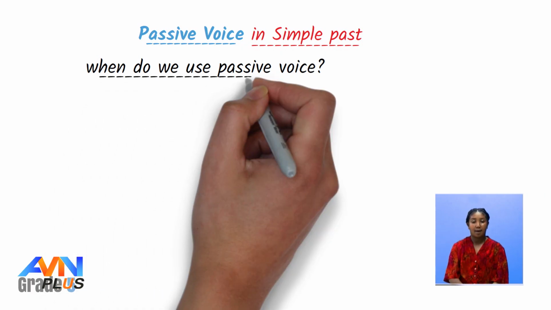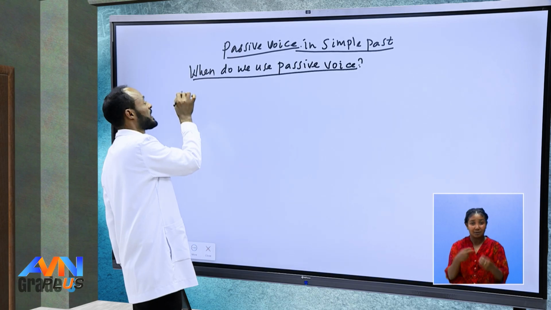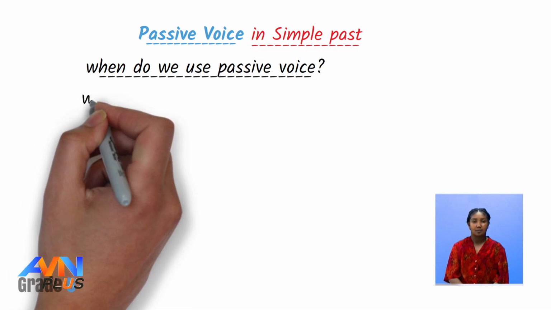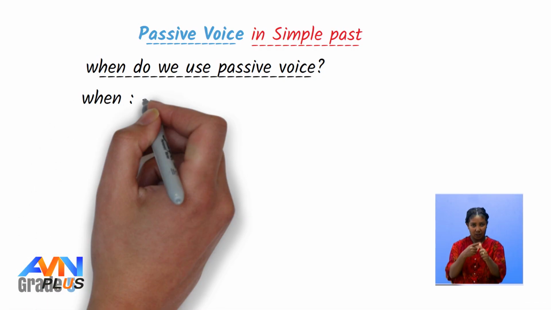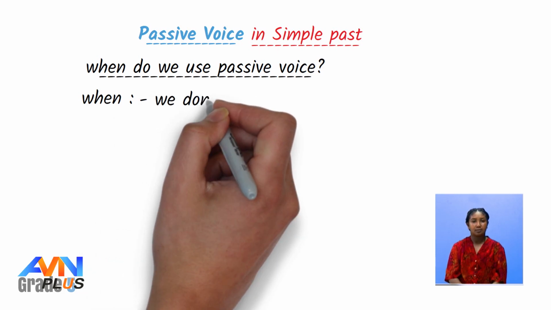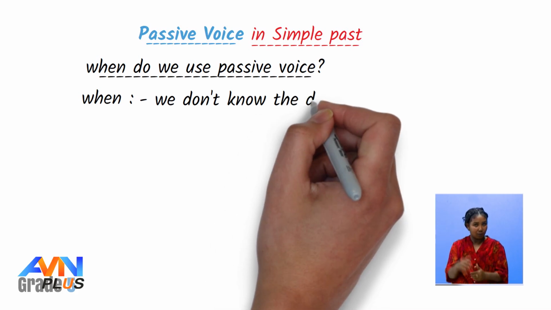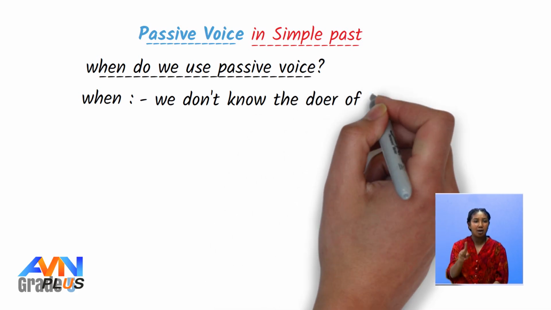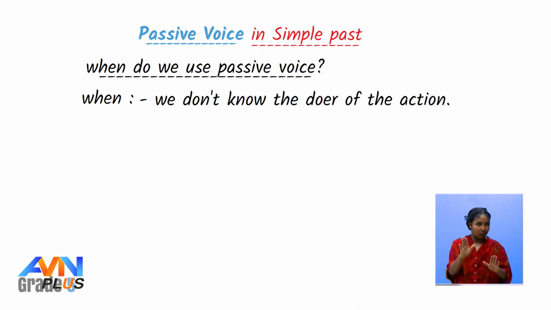When do we use passive voice? When we don't know the doer of the action. The doer of the action.